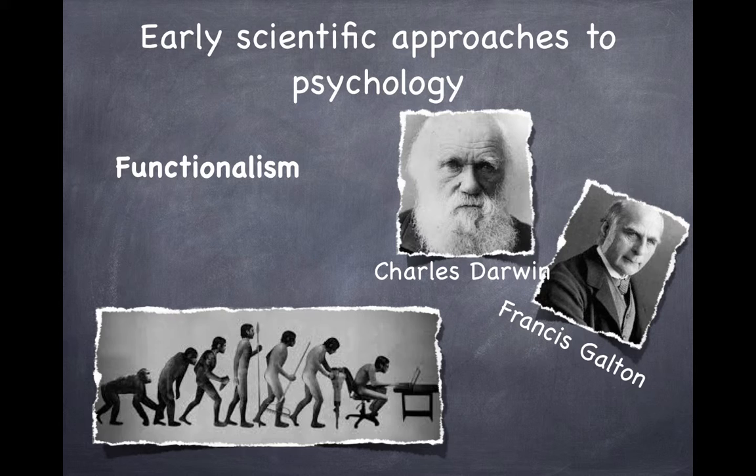This was heavily influenced initially by Darwin's book on the origin of species by means of natural selection. Now, Francis Galton initiated the study of individual differences and what the role of genetics or inheritance is on mental abilities. And so looking at function, how do we evolve over time to adjust to the environmental issues that stand out there?